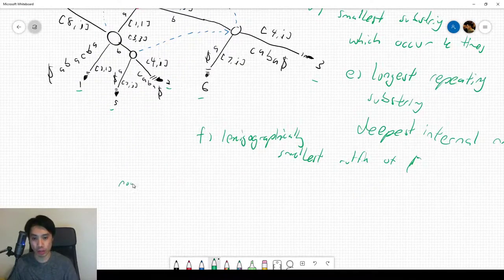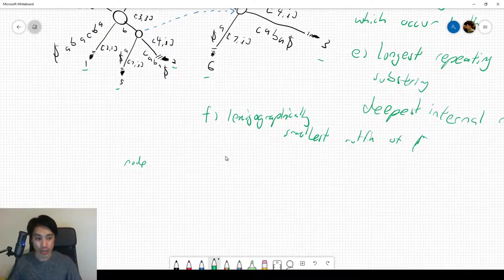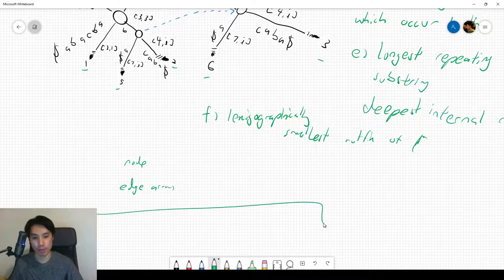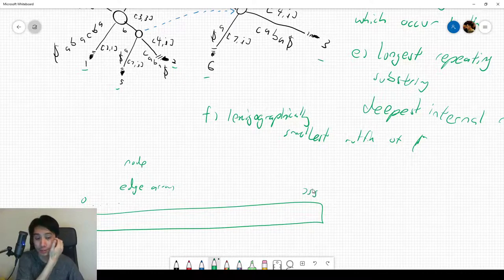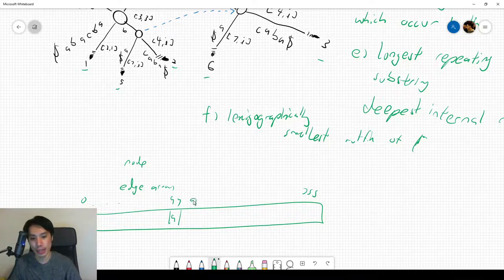When you implement a node in a trie, you're going to have an array, which is from 0 all the way to 255. So 97 is going to be for A, 98 is going to be for B, 99 is going to be C, and so on and so on.